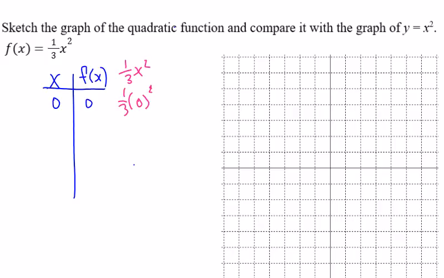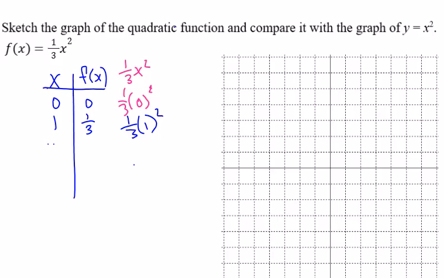All right, so here you can see if we plug in 0, you get out 0, right? If I put 0 in here for x, then you can see it's going to be 1/3 times 0 squared. 0 squared is 0 times 1/3. That whole thing's going to turn to 0, right? If I put in 1, then it's going to be 1/3 times 1 squared, and that would just give me 1/3, because 1 squared is 1, and 1/3 times 1 is 1/3.